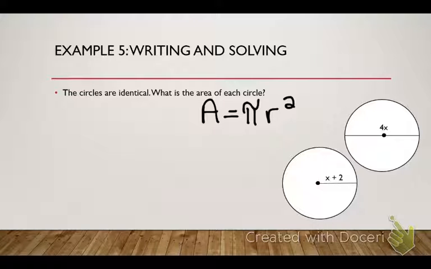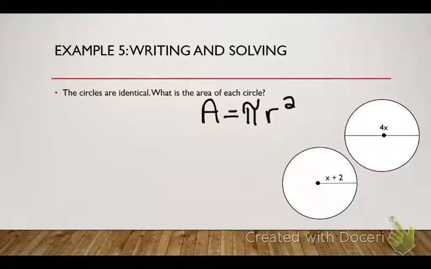So if I need to use the radius, r is for radius. Can anybody tell me what's the radius? What is it in the grand scheme of circles? What is a radius? It's half of the diameter. So this circle right here gives me the radius value.